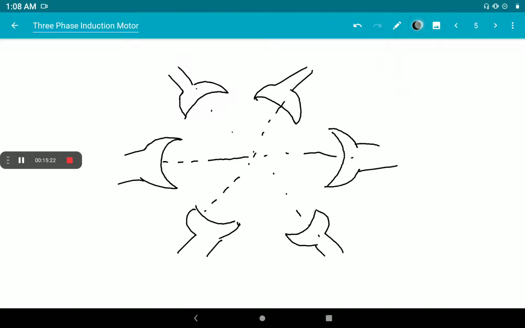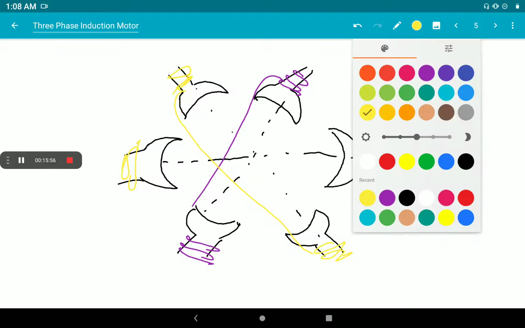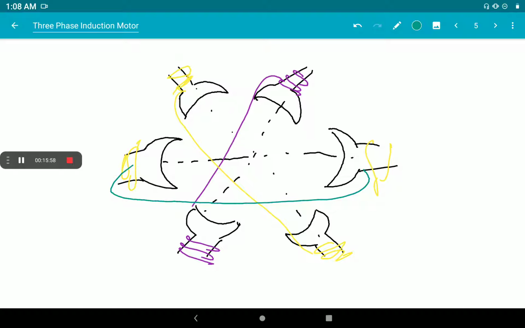Okay, now the coils. This will be the first coil and it will be connected together, and the coil on this winding, and these will be connected alternate north and south pole, and here also there will be one coil which is connected together.